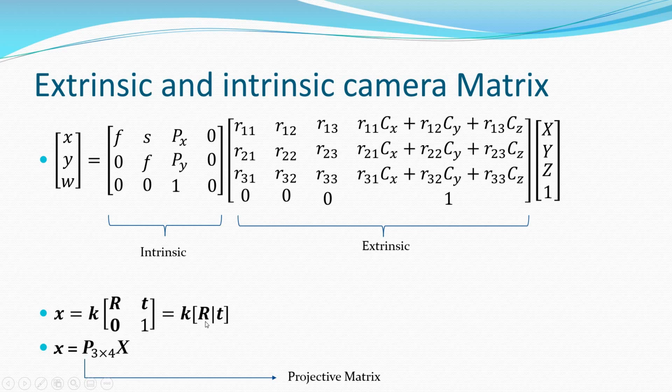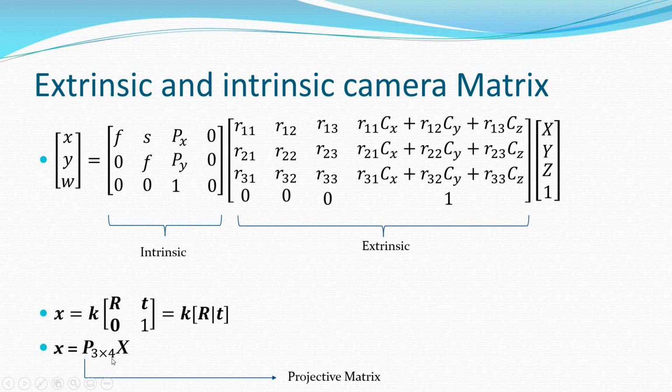Now further, if I just multiply these two matrices, I'll get a 3x4 matrix, because the input is 4-dimensional: x, y, z, 1. This 4-dimensional input I give to the matrix, and it transforms into a 3-dimensional vector x, y, and w.